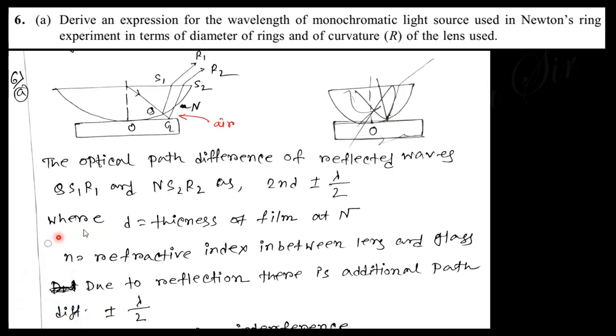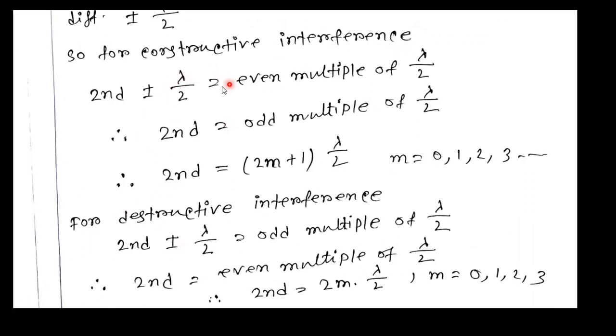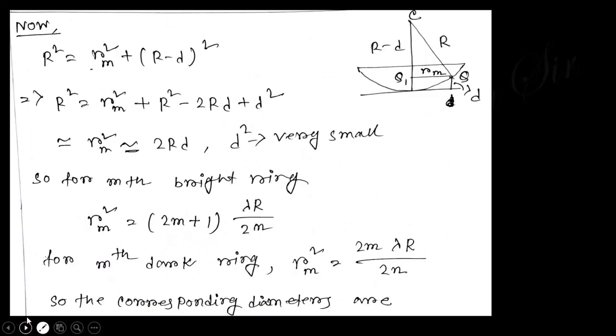For this path, this point is Q, S1 R1, and this point is N, S2 R2. These two are coming with this path difference. So this will be the additional path difference due to reflection, you know. So for constructive interference, this will be the even multiple, and for destructive, this will be the odd multiple, but in this case it is reversed due to the additional lambda by 2.